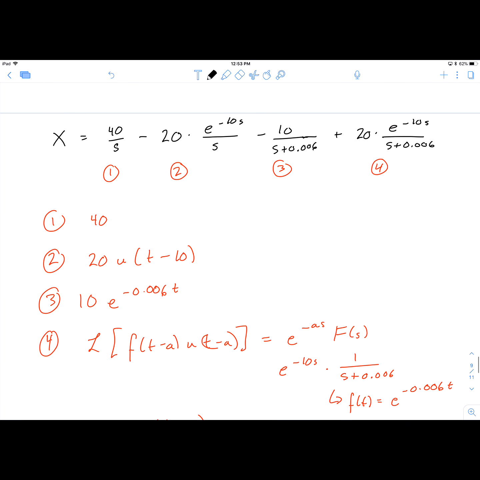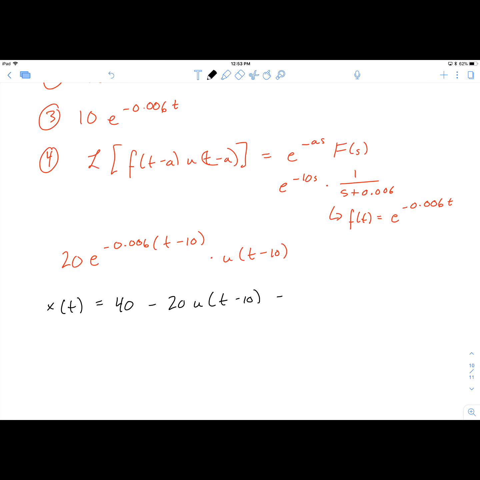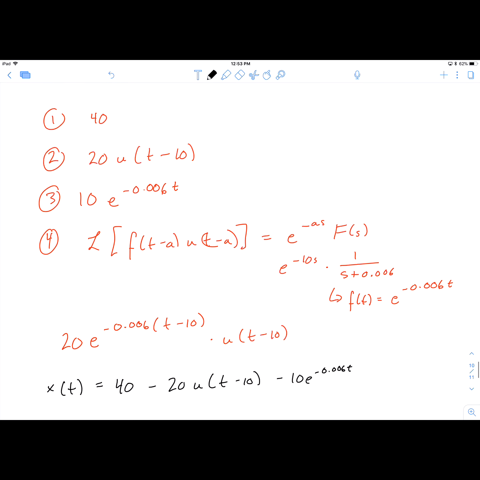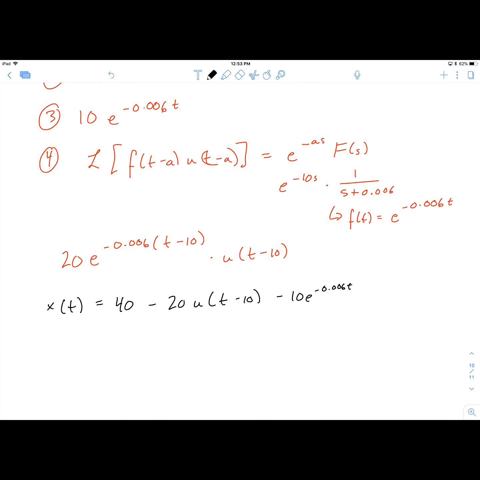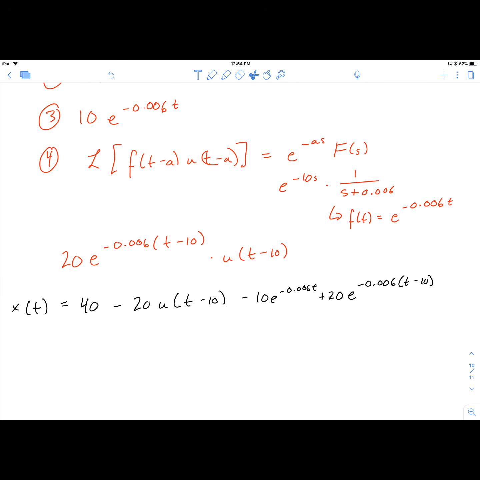And then minus 10 e to the negative 0.006t. And then plus that last term is the 20, and then the exponential times the unit step function. So I get a little more room here. It's a long answer. But finally we've got it.